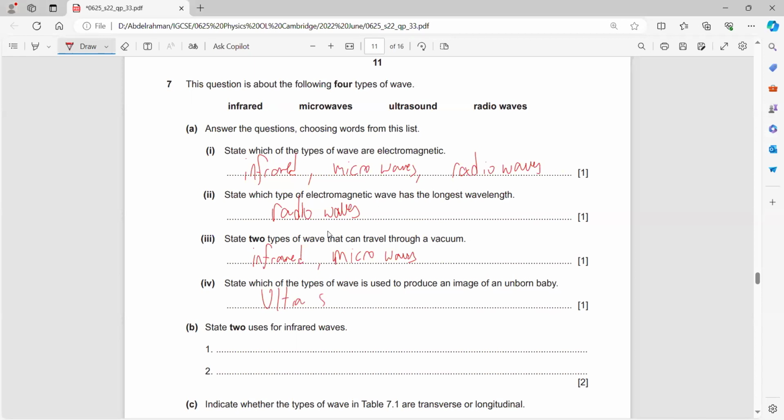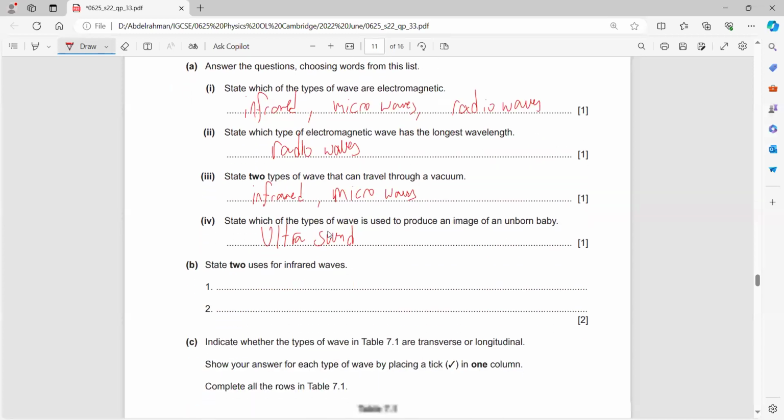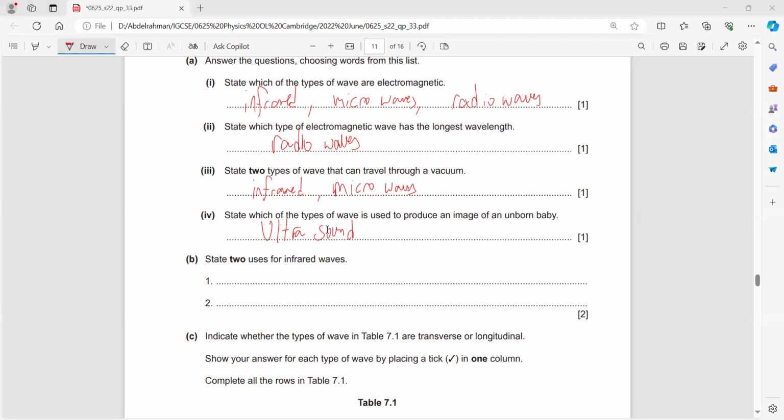Yes, ultrasound. State two uses for infrared waves. Remote controls and security checks. No, not security checks. Intruder alarms. Intruder alarms, yes. Remote control and intruder alarms. Okay. Security checks we use the X-rays, be careful.